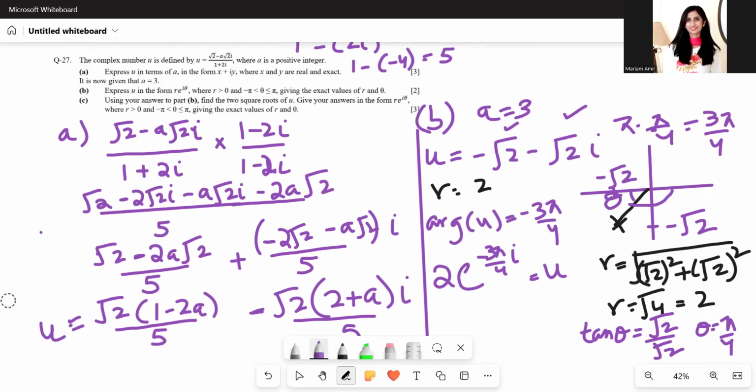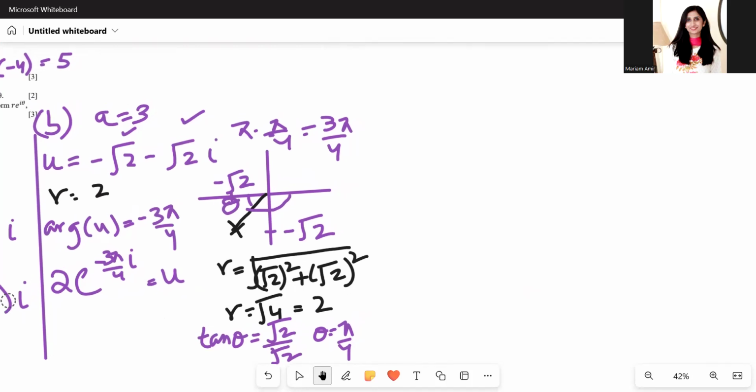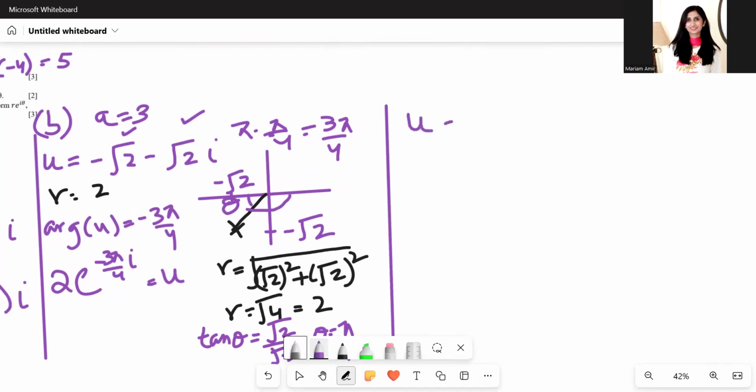Part C, using your answer to part B, find the two square roots of u. All right, so we're already in polar form. We should be able to find the first square root pretty easily. Okay, so u is equal to 2e^(−3 pi by 4 iota). We need its first square root. For square root, we take power half.